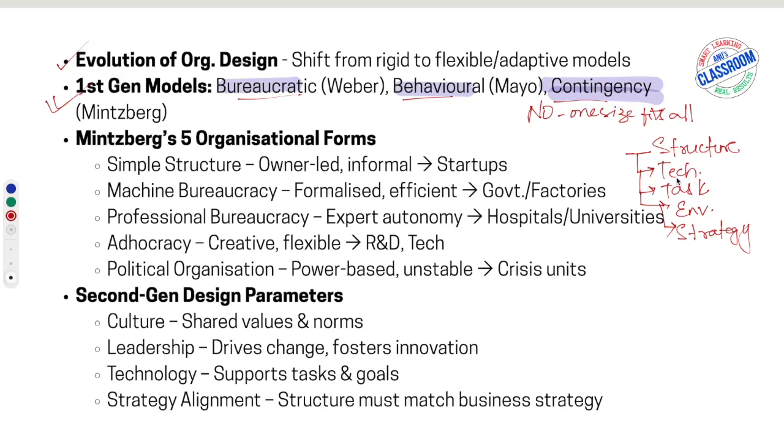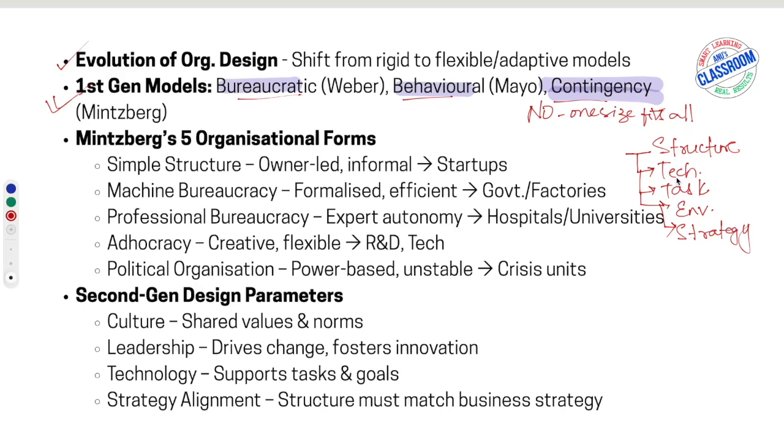Now, according to Mintzberg, there are five ideal types of organizational structure which he has identified to suit different situations. Now, let's say, as I said just now, you are creating a small startup. It's not going to be a very big one.